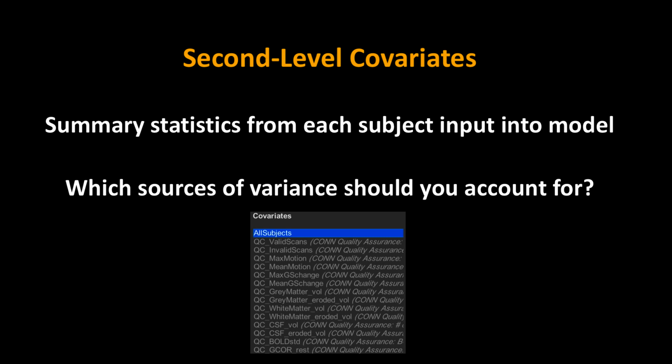It'll take an average for each subject, and then you have the option of inputting those into the second level model. In other words, you decide what sources of variance you account for. It gives you every possible combination, and you're probably not going to be using most of these. The ones that you will use are probably ones you're going to be defining manually. So if I had, say, an age covariate, or something like a mean FD score I wanted to use to classify the subjects, I could do that. If I had a pre-post design, this is also where I could put that in.